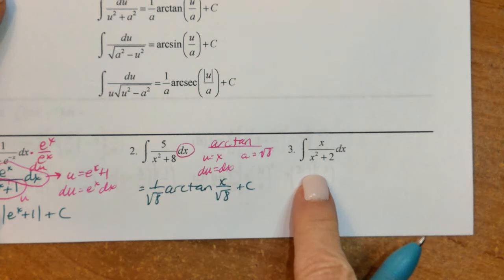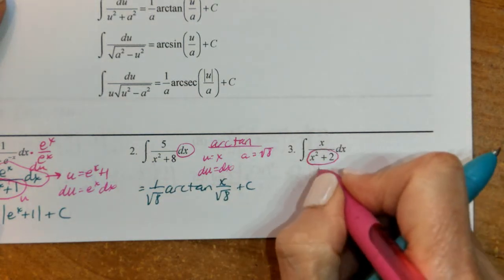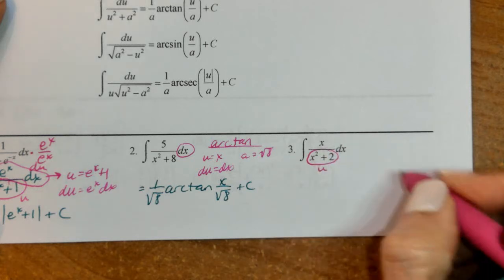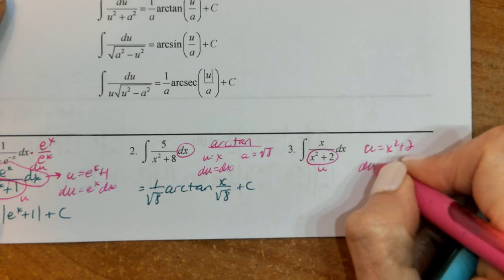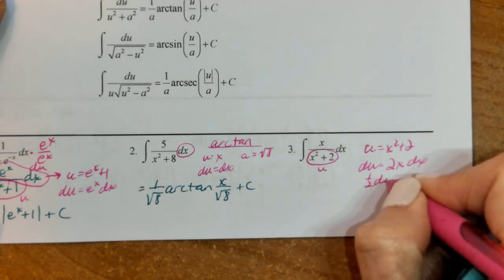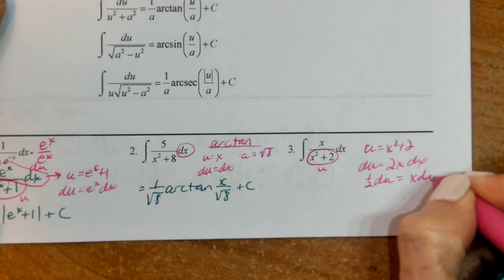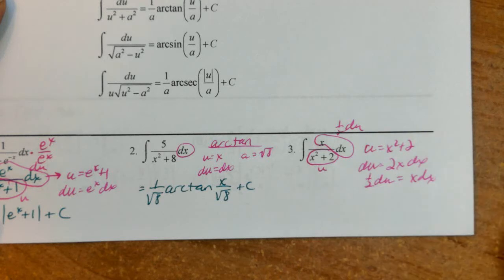Number 3. This is just a u sub. I'm going to let u be the bottom because du will have an x in it. So u is x squared plus 2. du is 2x dx. So 1/2 du is x dx. So in place of x dx, I'm putting 1/2 du.